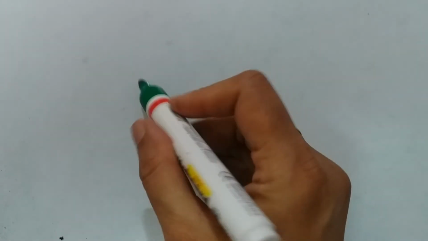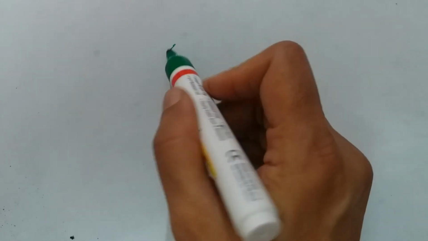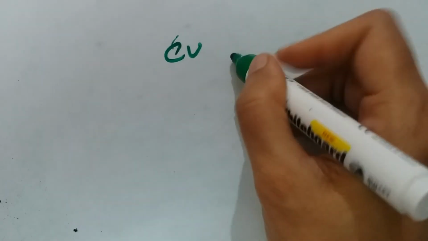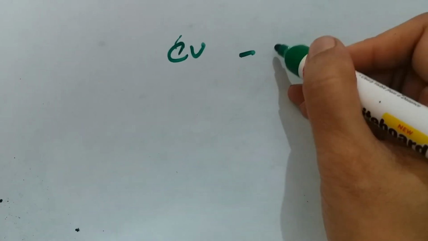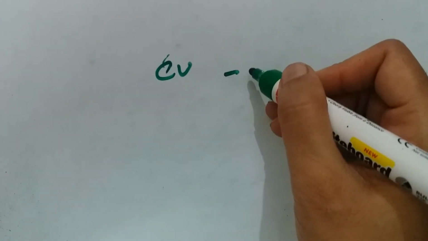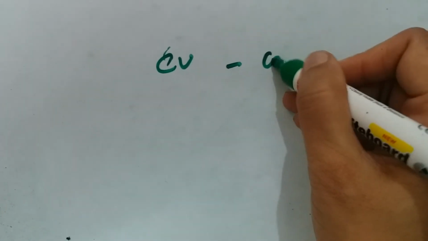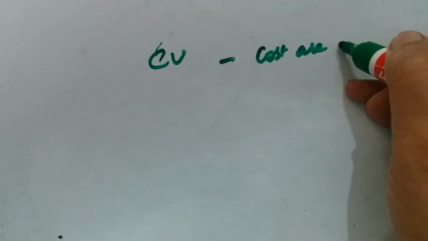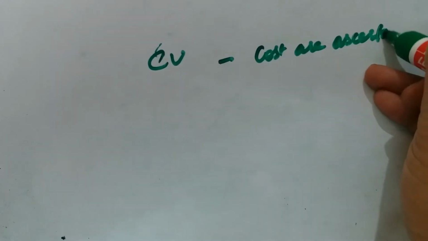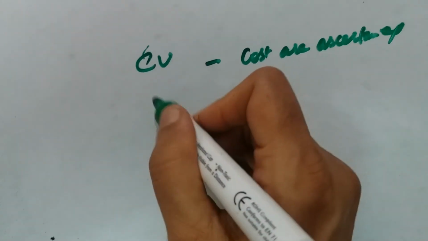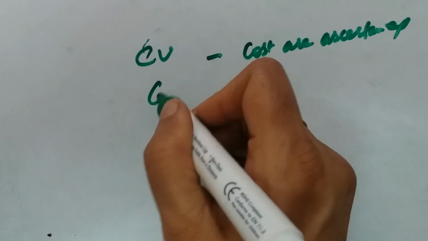So the differences between the cost center and cost unit, let us wind up now. The cost unit is a unit of product or service in relation to which the costs are ascertained. And what is a cost center?